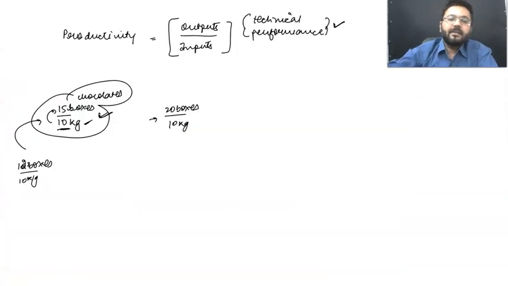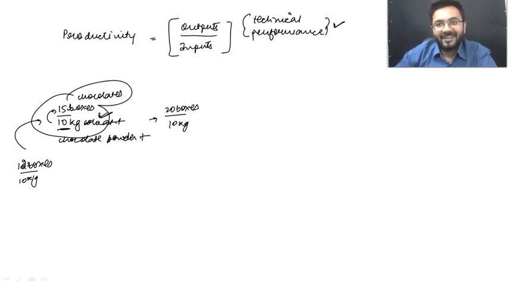So we are going to employ 10 kg of wheat plus chocolate powder plus milk. I don't know what ingredients are required to make chocolate, and after that we need 2 kg of milk. So these are my resources.